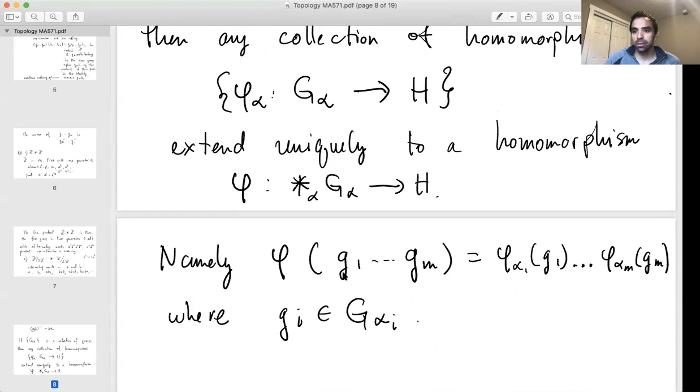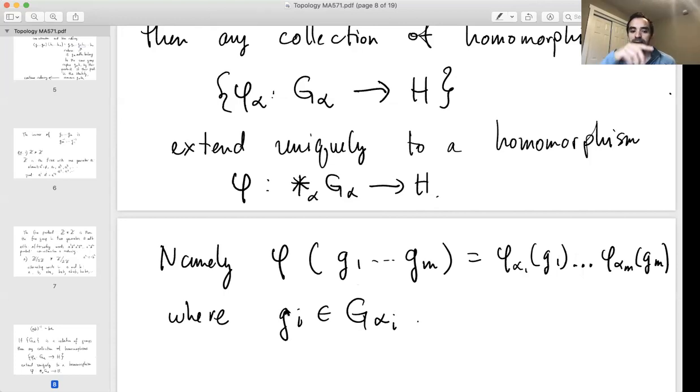Is it clear how you would define it? Remember, elements of the free product are given by words, where each letter, each symbol g_i, is an element in one of these groups G alpha. So on any word, I can define this map phi to be phi alpha 1 applied to g1, multiplied by phi alpha 2 applied to g2, all the way up to phi alpha m of g_m, where by alpha I mean the index of the group containing g_i.